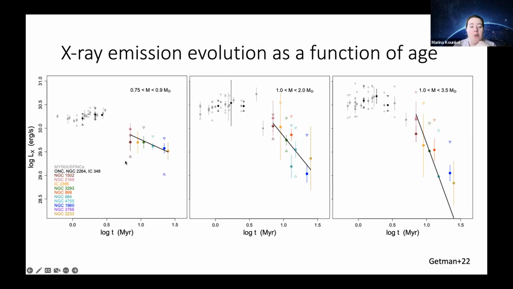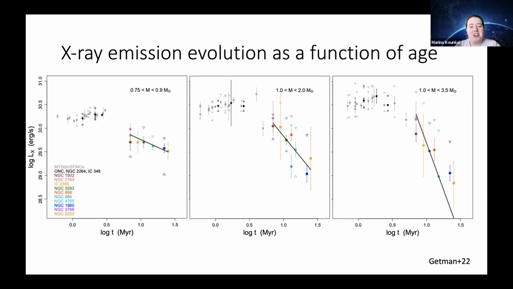That is to say, the lower mass stars tend to stay X-ray bright for longer periods of time, as in the stars that do have radiative atmospheres. But still, there's a lot about the X-ray activity, even at these ages, that we don't understand.